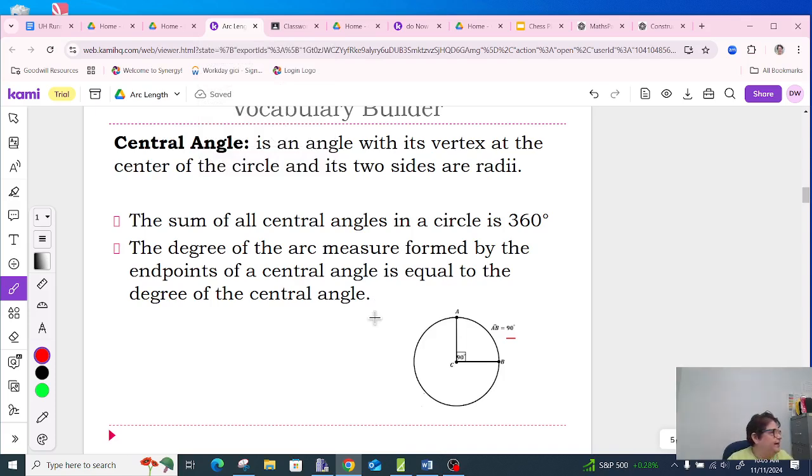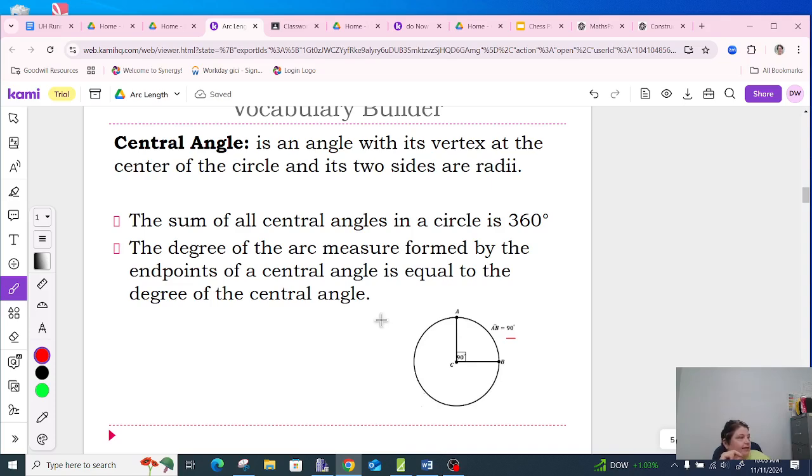Can you say that with me? Inscribed. So we have two types of angles we just talked about. Central angles are the same as the arc they intercepted, but inscribed angles are a little different.